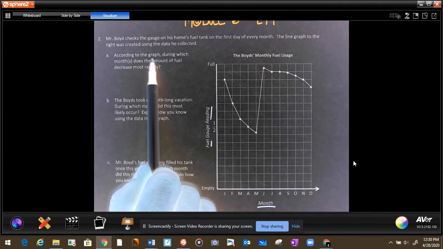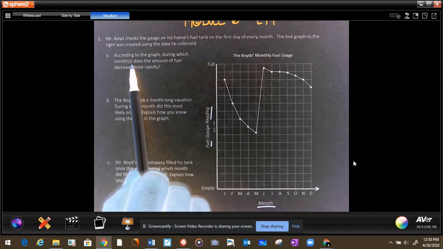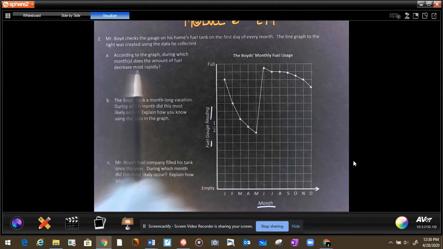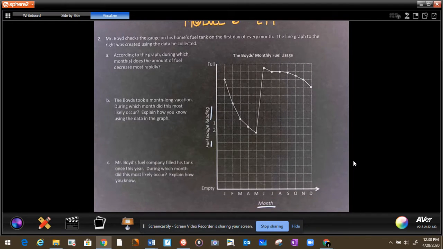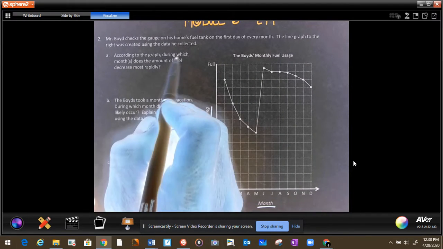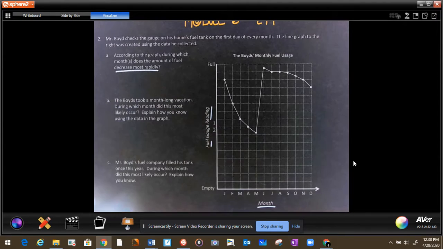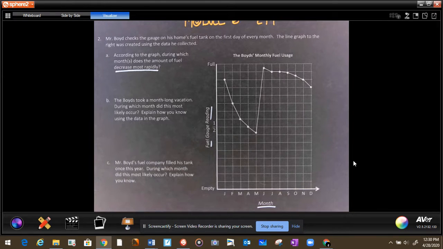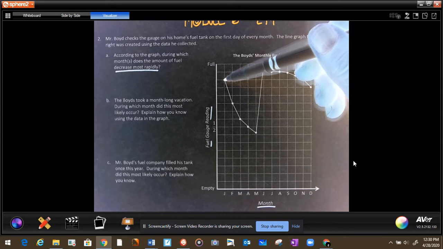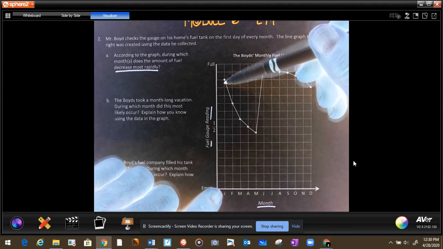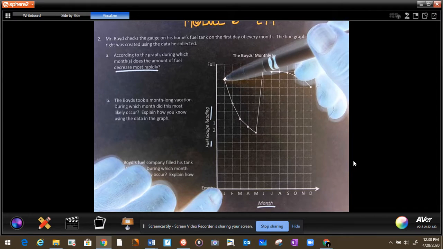According to the graph, during which month does the amount of fuel decrease most rapidly? The fuel decreased most rapidly. Now, if we look at this and analyze this, so for example, in January, here at the bottom, that's the dot that I'm pointing at.